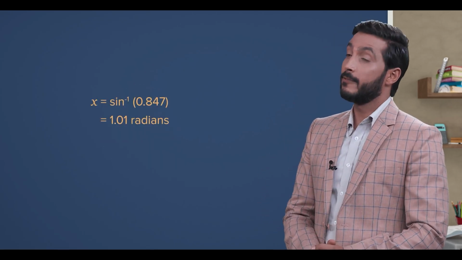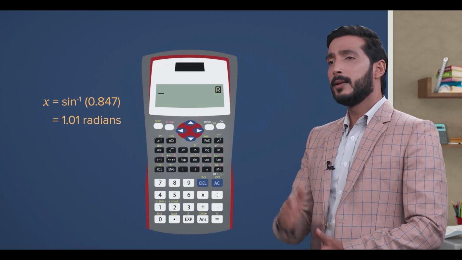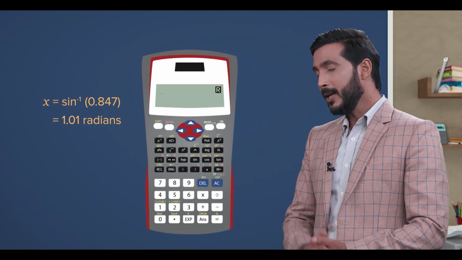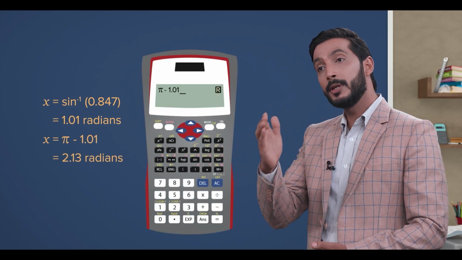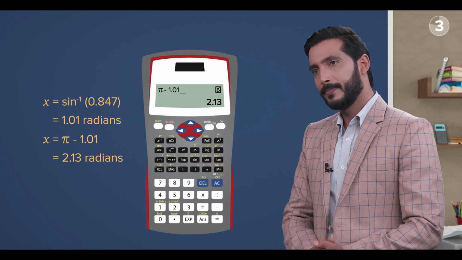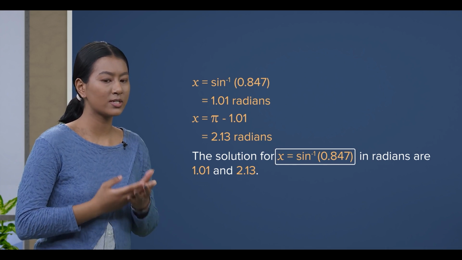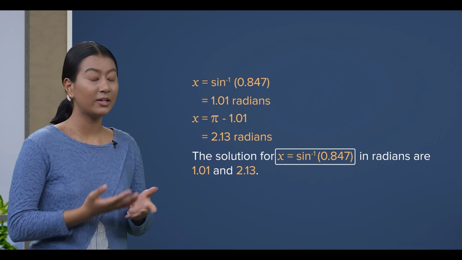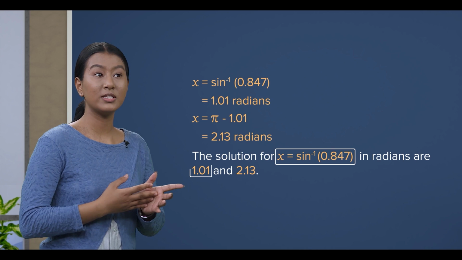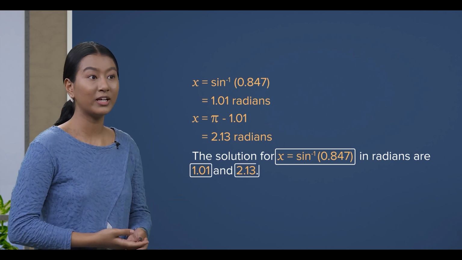That's right. So 1.01 is the first quadrant value and the second quadrant value will be pi minus 1.01 radians. So the solutions for sine x equals 0.847 in radians are 1.01 and 2.13.